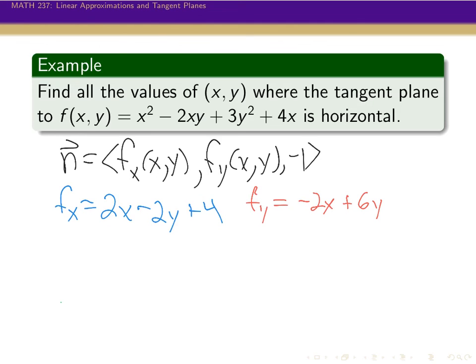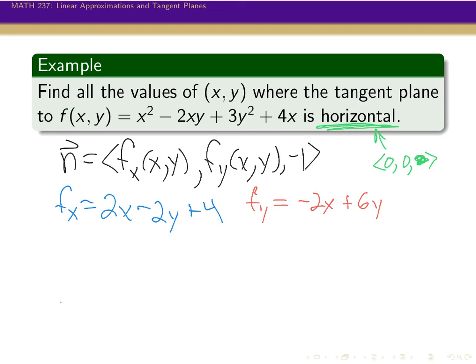Now we have to figure out what it means for the plane to be horizontal. If the plane is horizontal, that means it's parallel to the xy plane. And so what would a normal vector for that be? The normal vector is going to have no x and y components and only a z component. It doesn't really matter what.